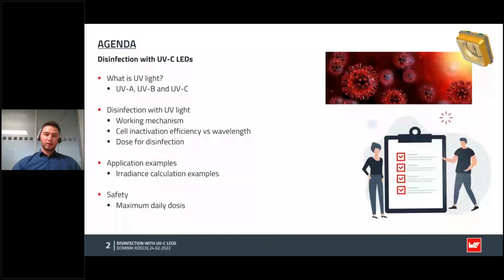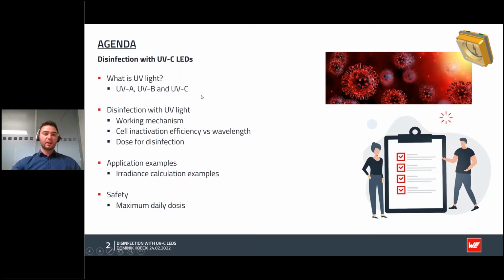So basically, the agenda is: I will tell you a little bit what UVC LEDs are. Those are light emitting diodes that send out a special type of light, the UV light. And I will tell you about the different kinds of UV light: UVA, UVB, and UVC, and what the difference is.